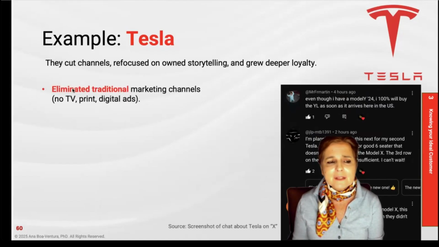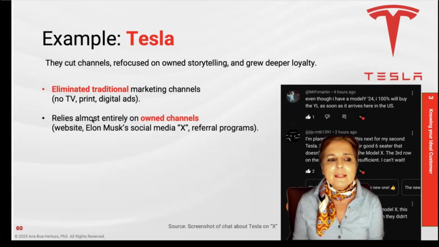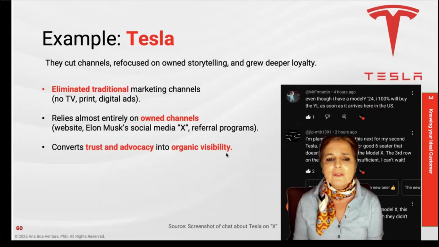So Tesla eliminated traditional marketing channels like no TV, no print, no digital ads, which is pretty expensive, right? Especially TV. It relies almost entirely on its own channels like their website, Elon Musk's social media X, and referral programs, and then converts trust and advocacy into organic visibility.